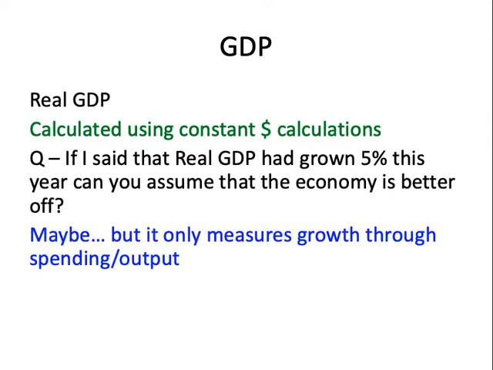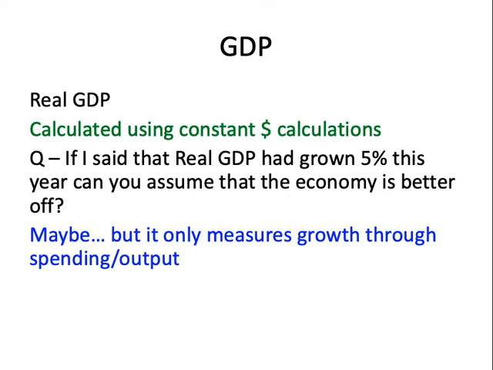It depends on how you look at it, actually. Because we need to really look at what GDP is measuring. GDP is measuring growth through spending and output. And so my question to you is, does that mean our economy is better off? We're trying to figure out what our economy is and what it means for our economy to be better off.